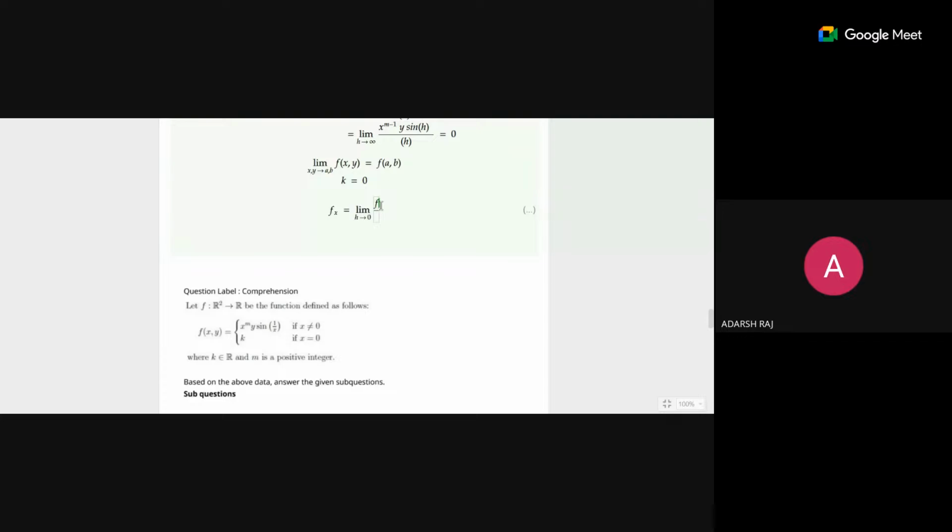For finding the partial derivative, we have this formula: limit of f of a plus h, b minus f of a, b, divided by h. And this is the formula for finding the partial derivative with respect to x, right?